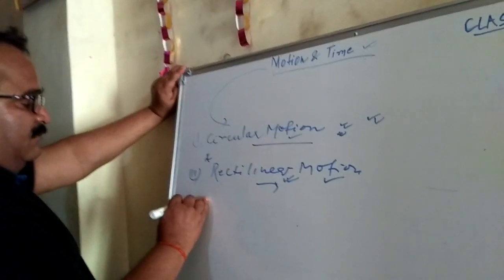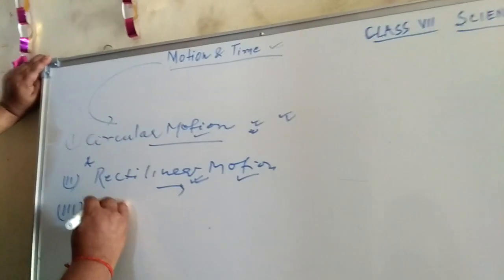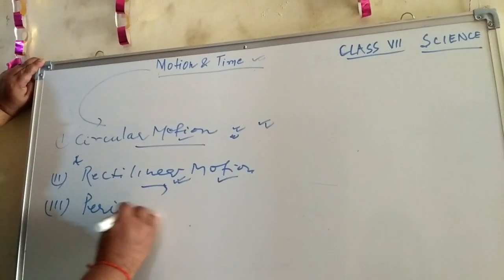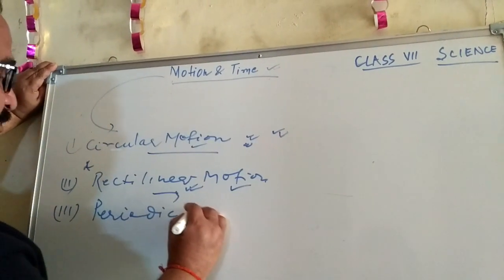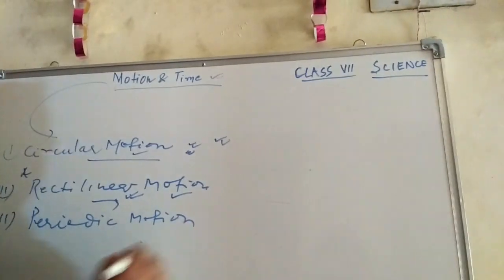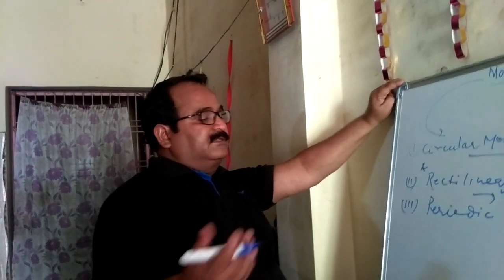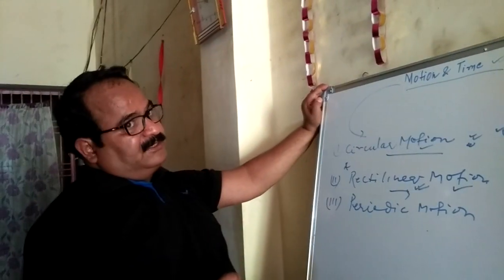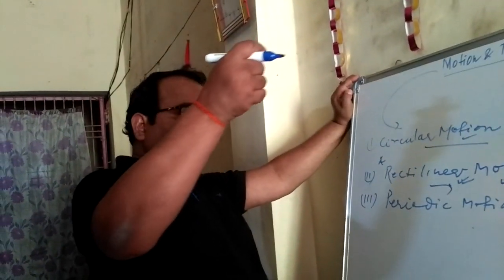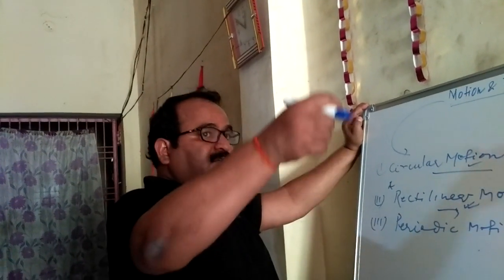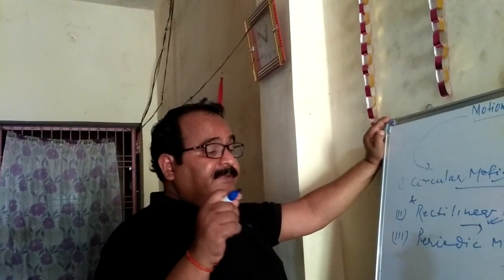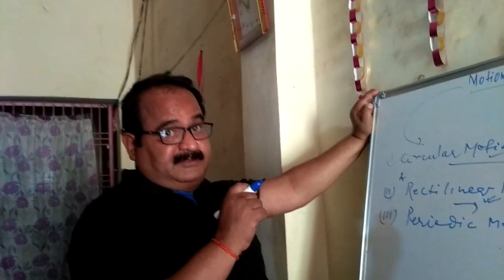We also know other motion like periodic motion. In a watch there are three hands, hours, minutes and seconds, and they complete one rotation in a definite time interval.